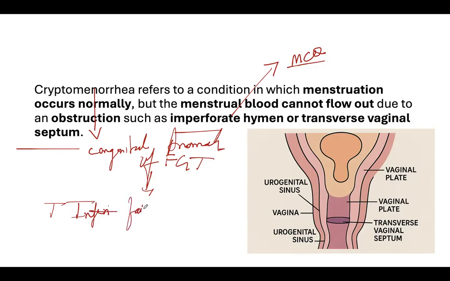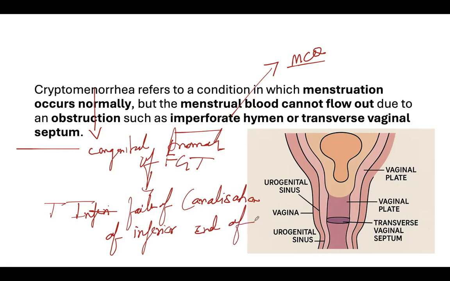There is a failure of canalization of the inferior end of the vaginal plate at the junction between the urogenital sinus and the vagina.